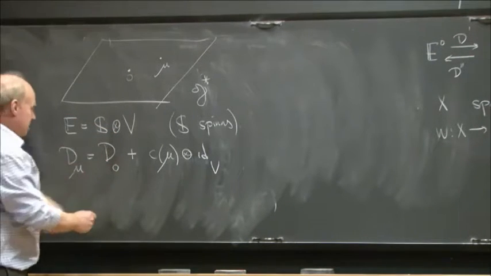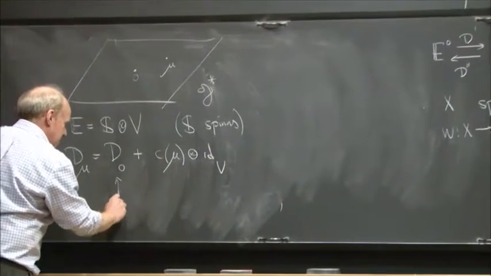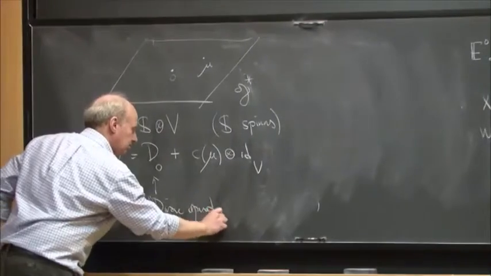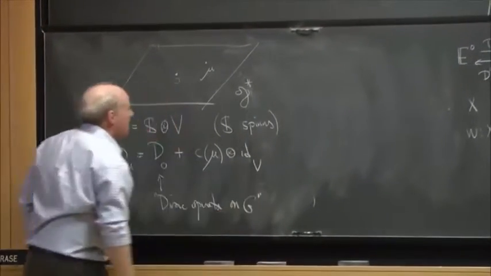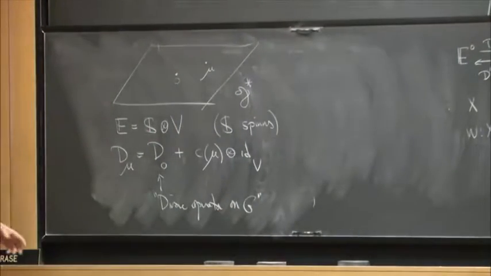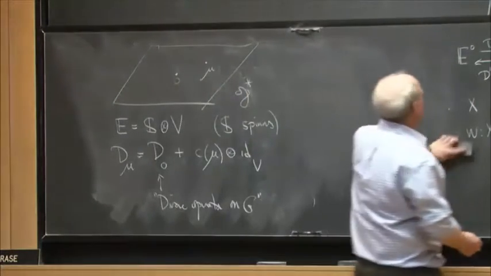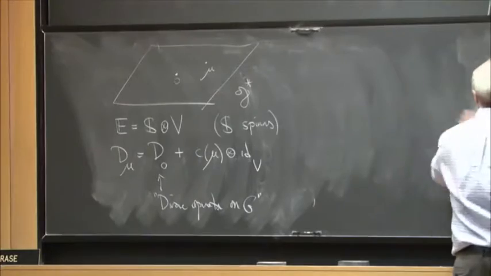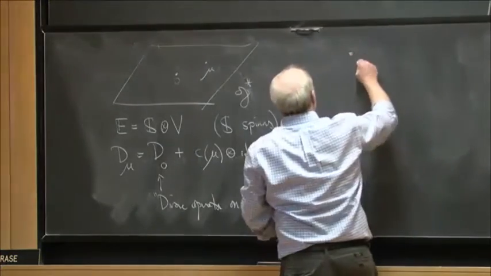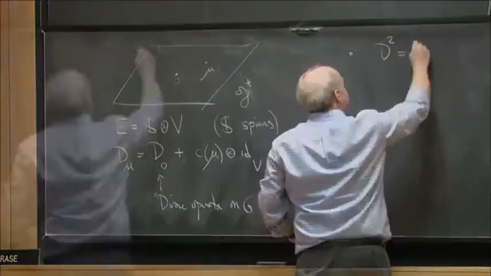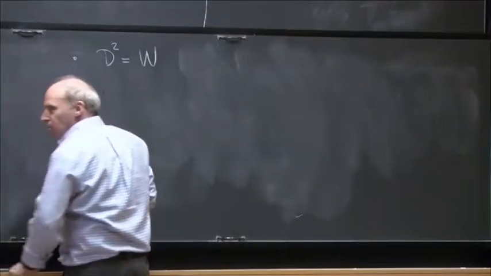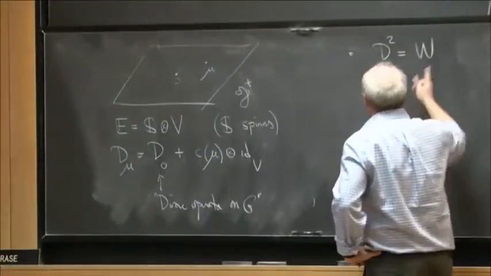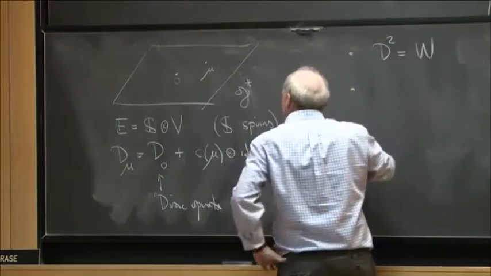So D0 is a fixed operator. That's a Dirac operator, I'll explain, on the group G. And it has the following, beautiful effect, I think, which is that, well, first of all, D squared is some W, which I haven't told you what it is. I'll tell you perhaps in a second.